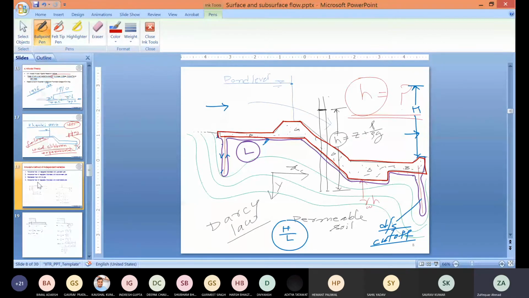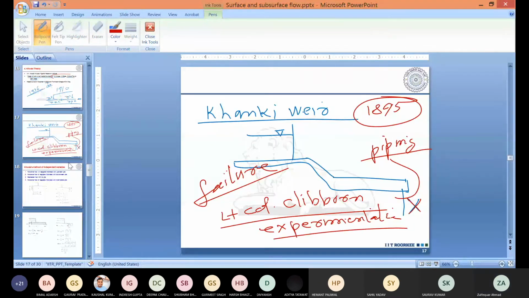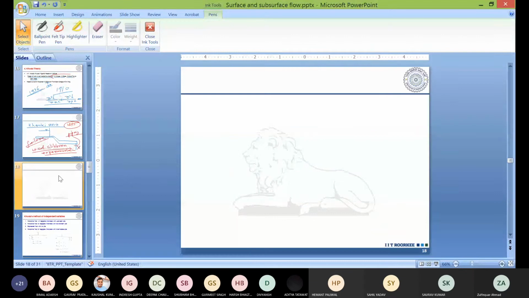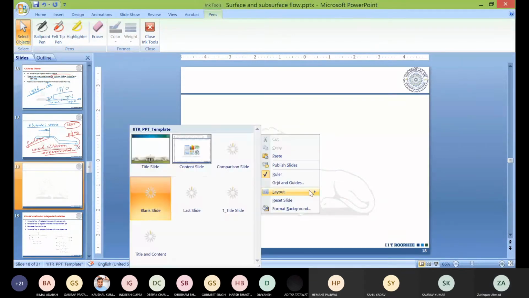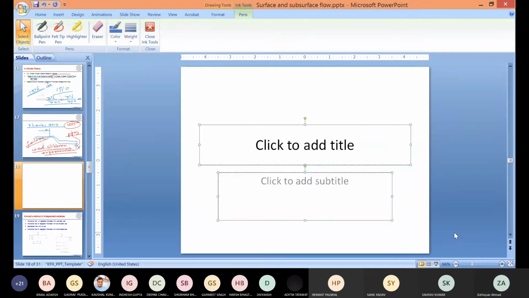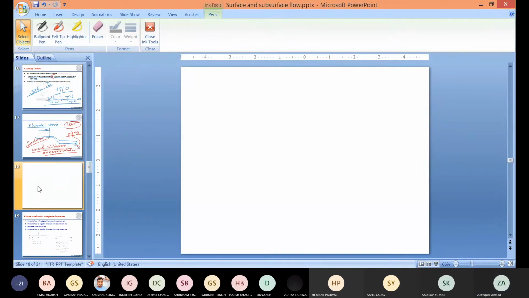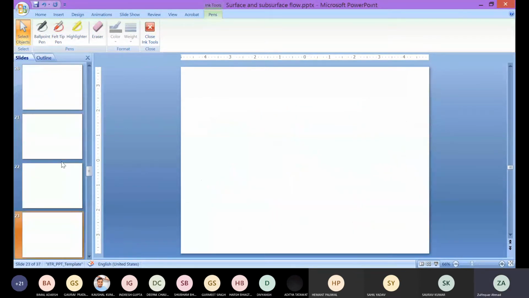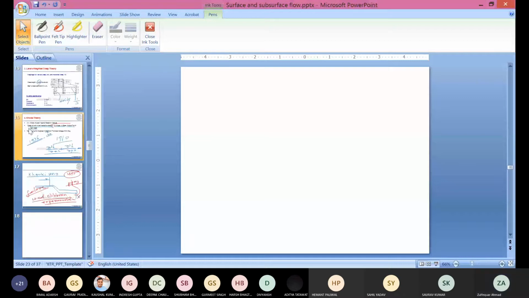Let me introduce a slide here. What I mean, their first problem was just a very thin floor.